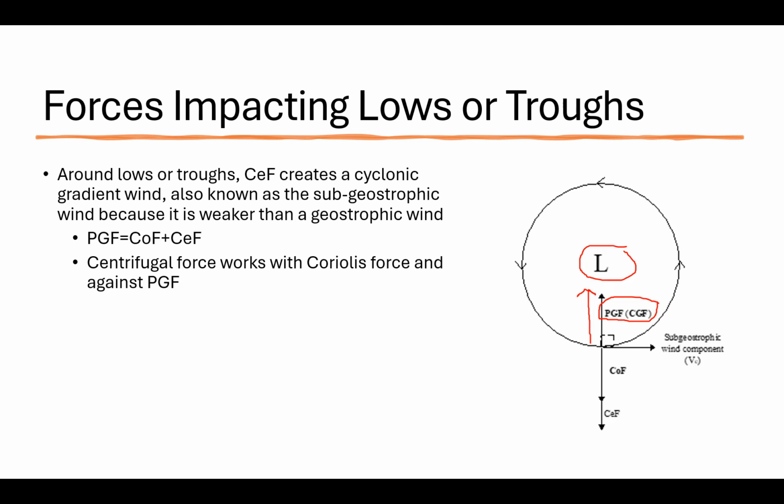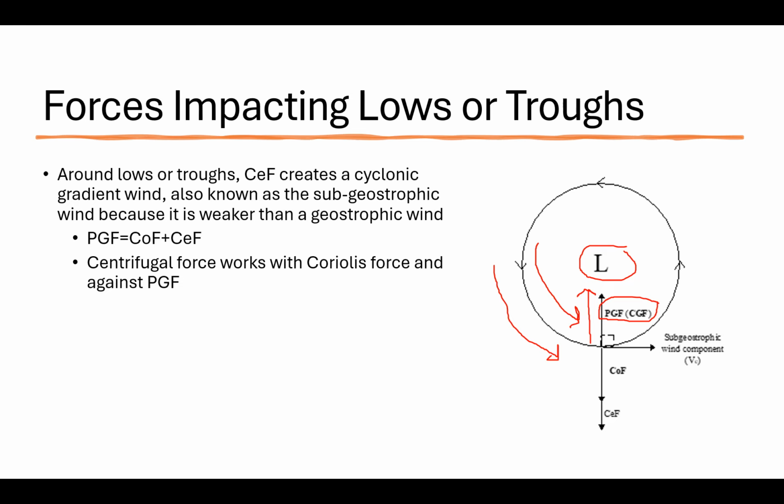So you see that this pressure gradient force is acting towards the center of this low. Meanwhile, you have the Coriolis force. Okay, if we're on the upper level chart, remember, geostrophic wind is going to blow parallel to this solid dark line here, because this solid dark line represents your height contour. So the pressure gradient force, or in this case contour gradient force, is acting inward towards this low.